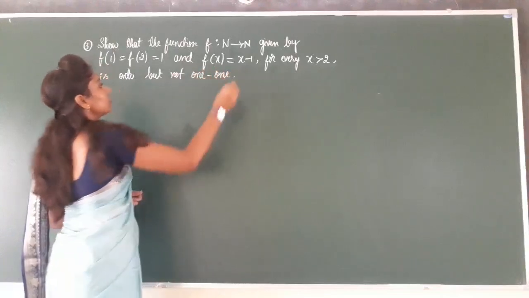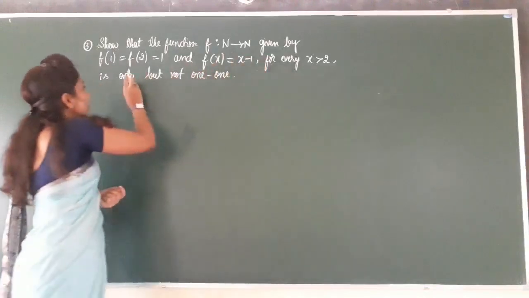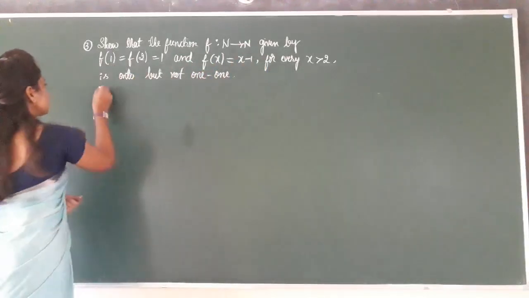What you show here is that the given function is onto but not one-one. Solution.